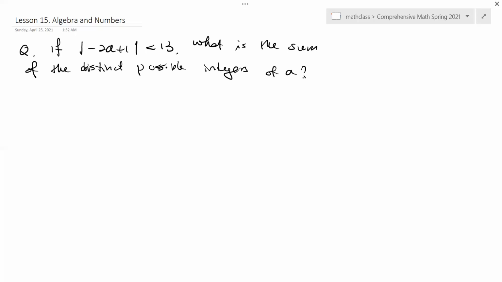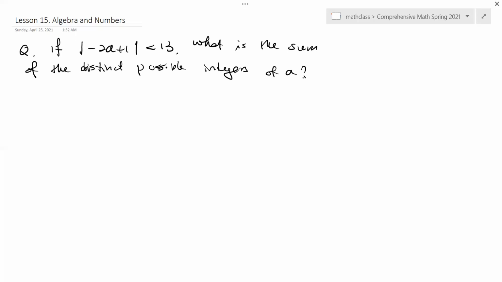So what we're trying to do is find the sum of these integers that satisfy this inequality. Basically, we're just trying to solve this type of inequality.